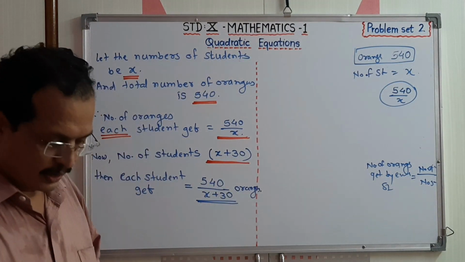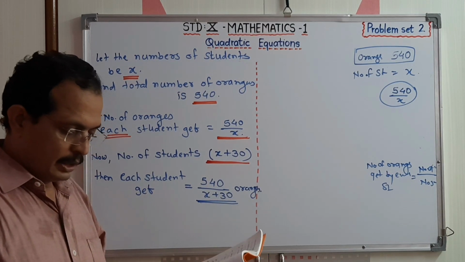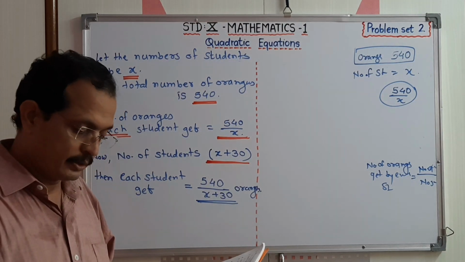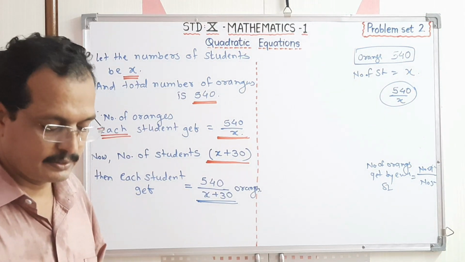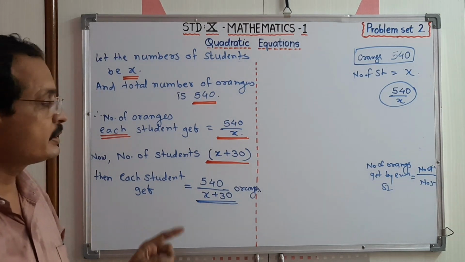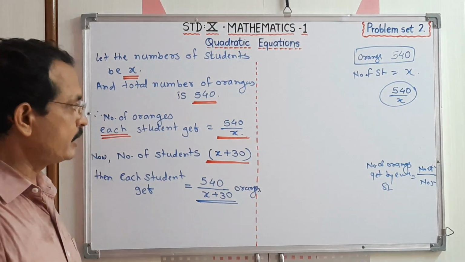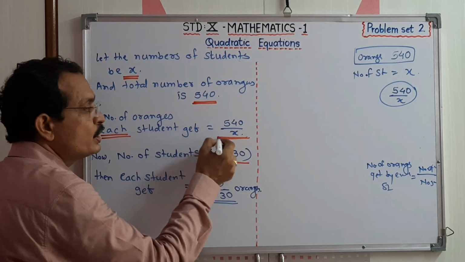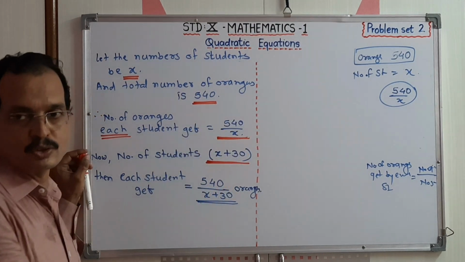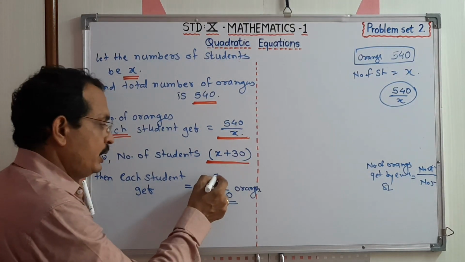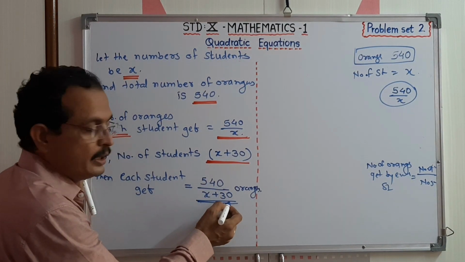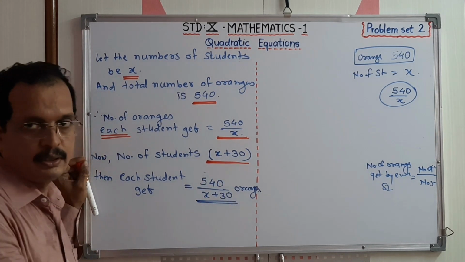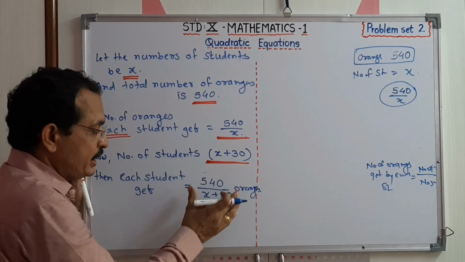Now see here. The condition is that if 30 students were more, each will get 3 oranges less. That means if the students are x, each student will get 540 upon x oranges, and if students are x plus 30, then the oranges will be 540 upon x plus 30.